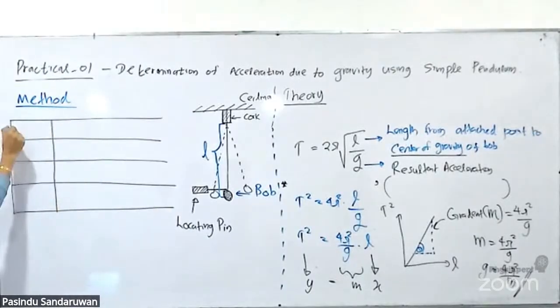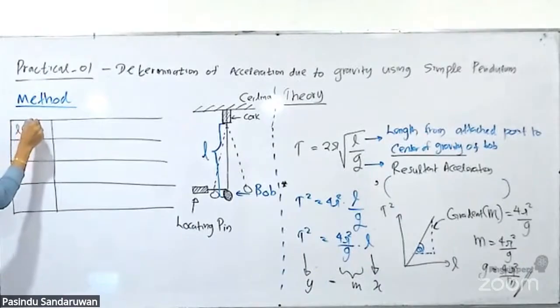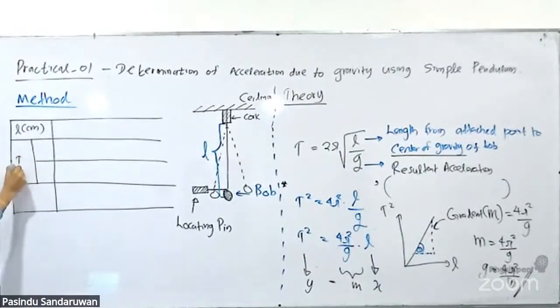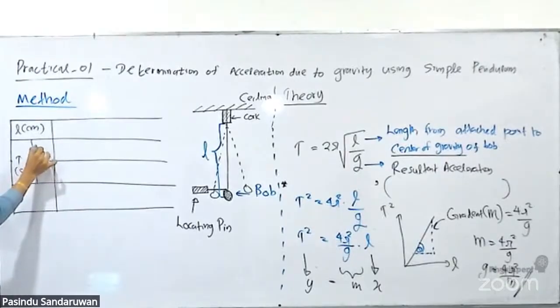Look here. This is L. We measure L in centimeters, right? And this is T. We measure T in seconds. We have to take 2 readings, right?